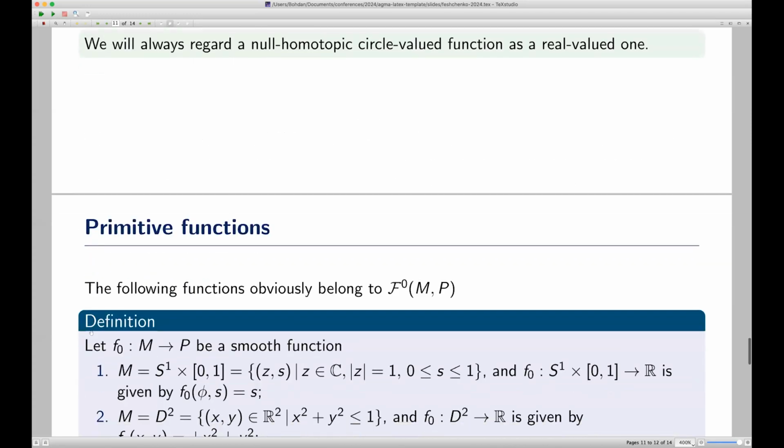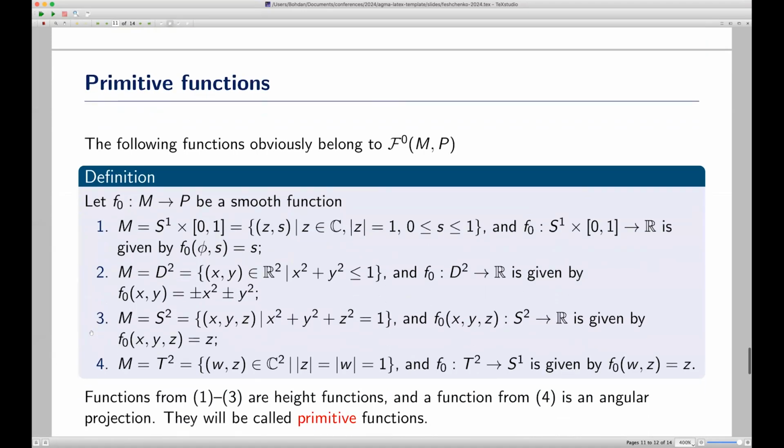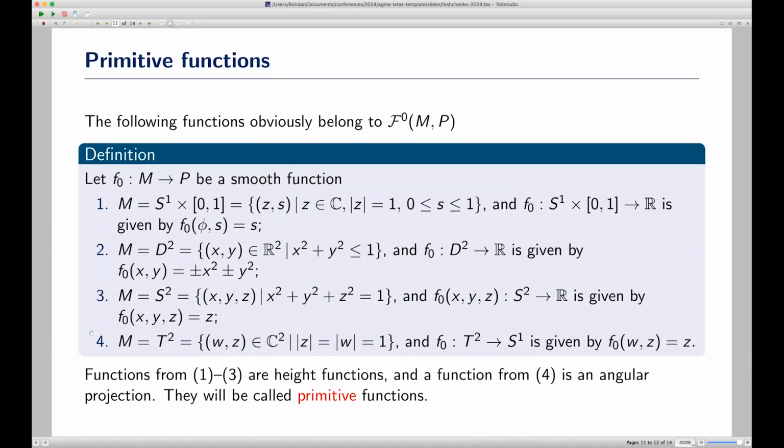And to state our main result, we need one definition. The definition of primitive functions from this class F0. These four functions are called primitive.